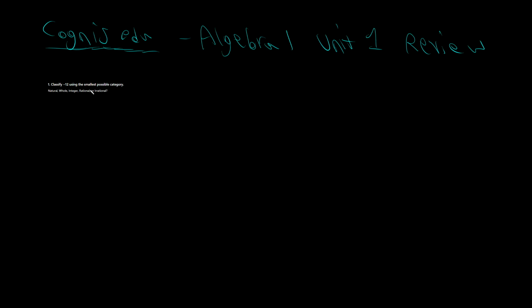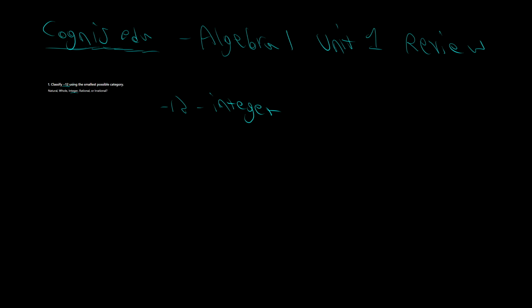So we have to choose the smallest group, one that can't be simplified any further and doesn't fit into any smaller description. For -12, it'd be integer, which I hope makes sense. If it does not, you should watch lesson 1.